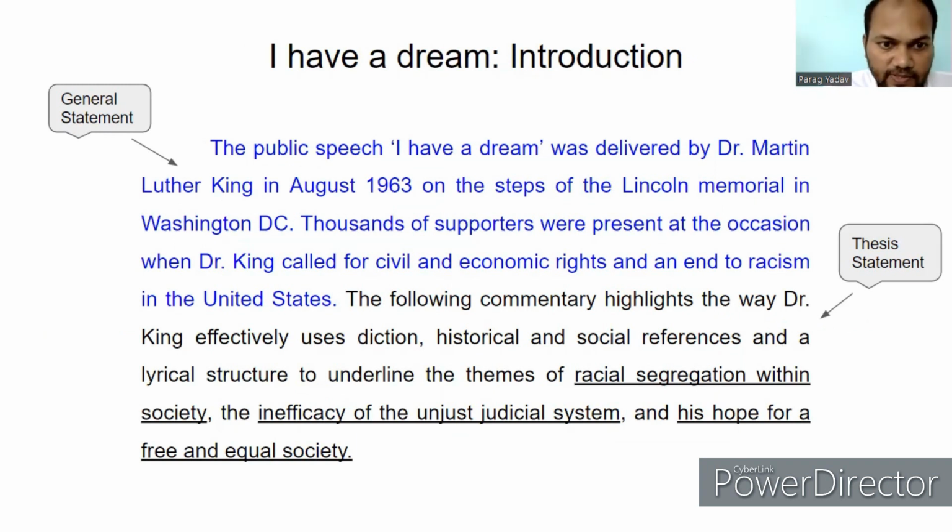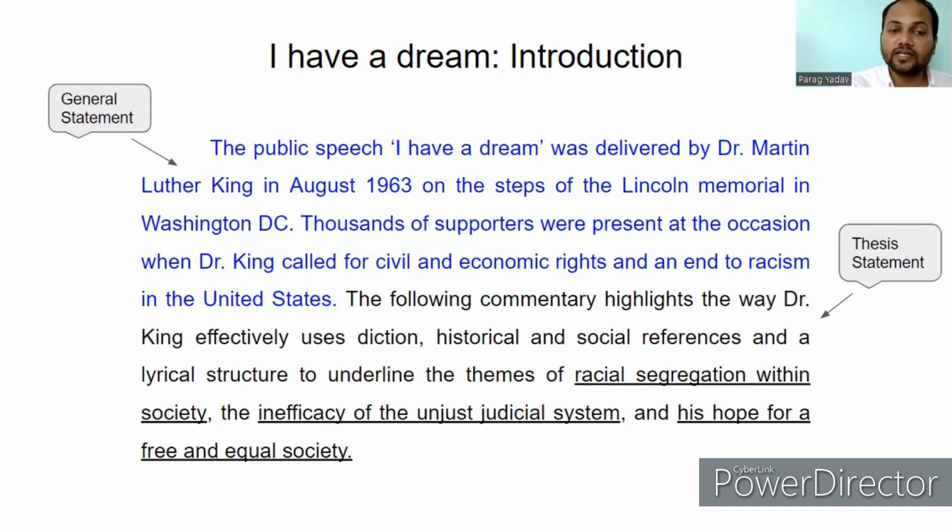The thesis statement goes this way. The following commentary highlights the way Dr. King effectively uses diction, historical and social references, and a lyrical structure to underline the themes of racial segregation within society, the inefficacy of the unjust judicial system, and his hope for a free and equal society.